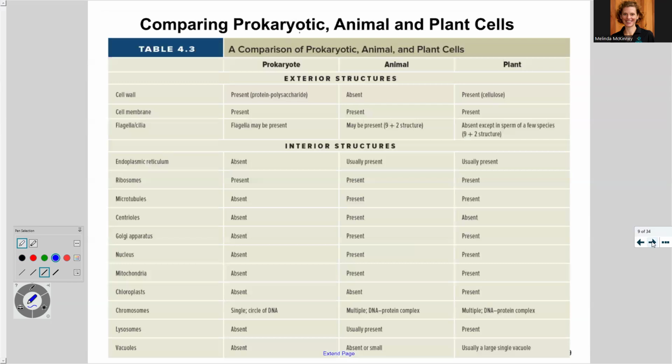Okay, so in the future we're going to look at eukaryotic cells. This is a table from our textbook. It's a comparison of prokaryotic, animal, and plant cells. So the prokaryotic cells, these are the ones we just talked about, the bacteria and archaea.